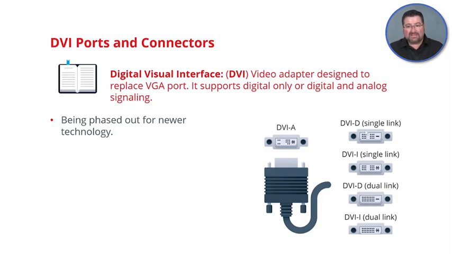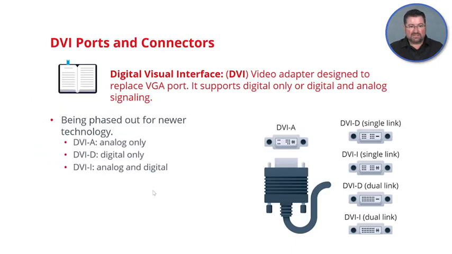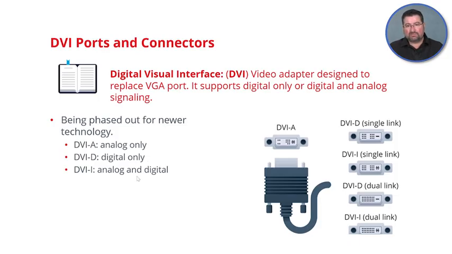Then we have DVI-D, which is single link and dual link, but they are only for digital signals. And then we have DVI-I, which we're always looking at the dual link, and that will allow both analog information and digital information over the same connector. And this is what you want to know and be able to repeat for the 1101 test. And that is A analog, D digital, I analog and digital.